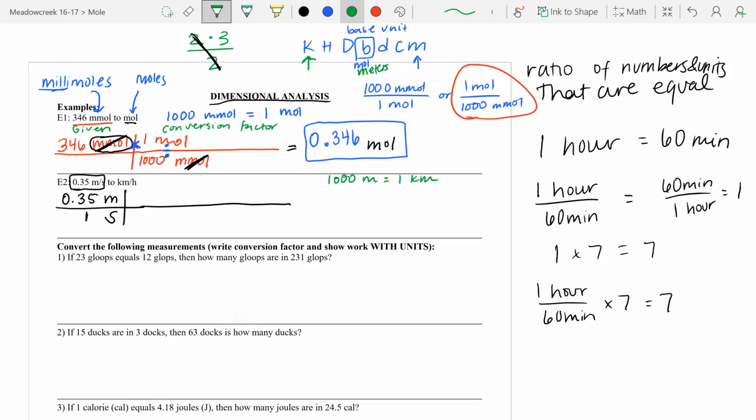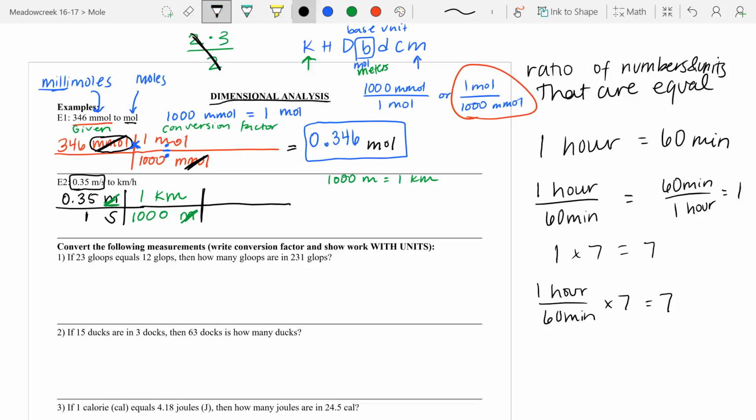Well, if I have meters in the top, I'm going to need my meters to go on the bottom in order to cancel out. So I'm going to put my 1,000 meters on the bottom and my 1 kilometer at the top. This will allow my units here to cancel out, and I know that I have kilometers, which is what I was trying to get to.